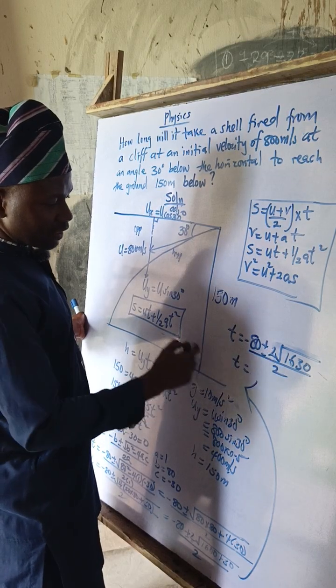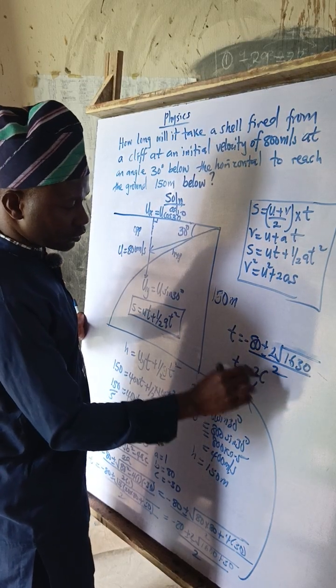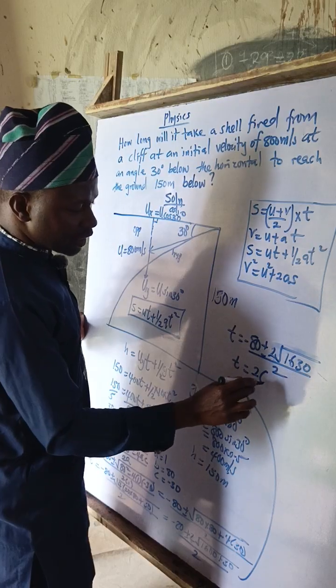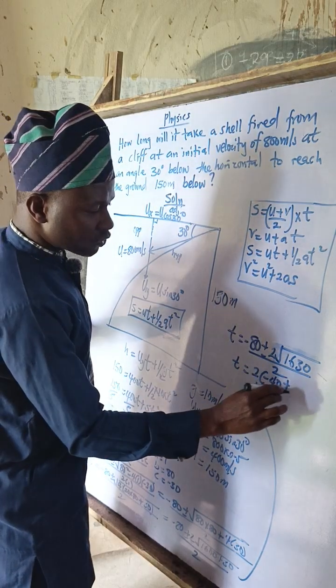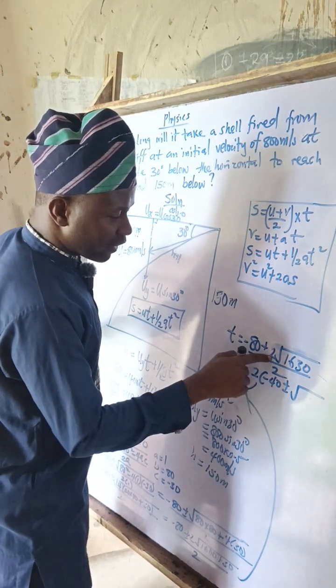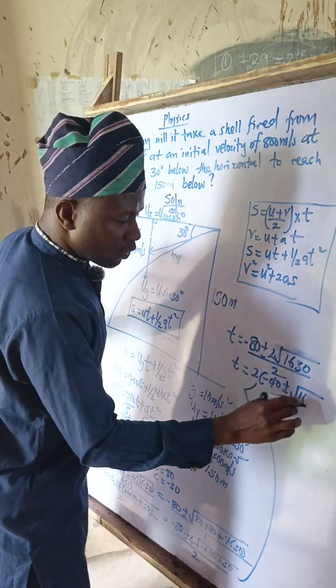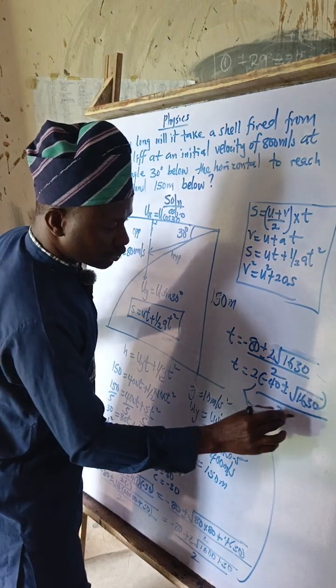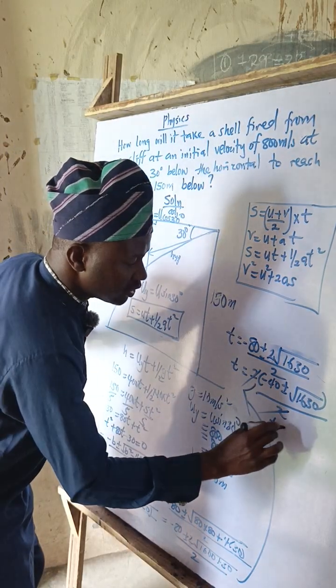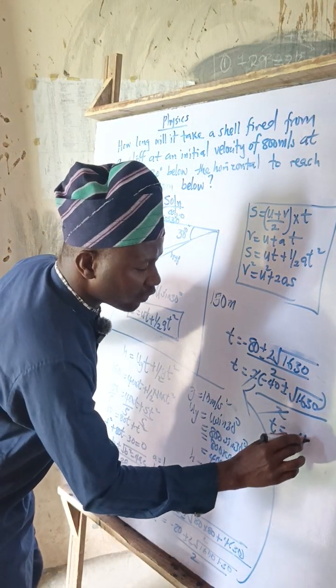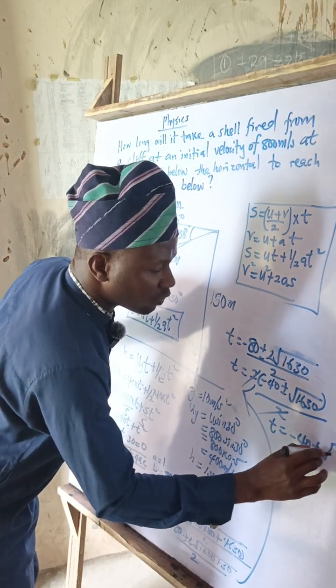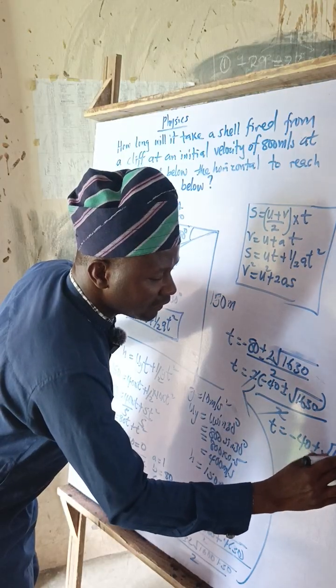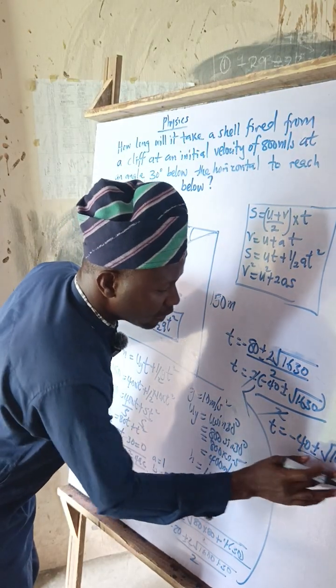Let's factorize 2 out. We have 2 into minus 80, that's minus 40, plus or minus the square root of, now when you factorize 2 from here, you have the square root of 1630 left, divided by 2. These 2 cancel. Therefore, t equals minus 40 plus or minus the square root of 1630. We have divided by 2 already.